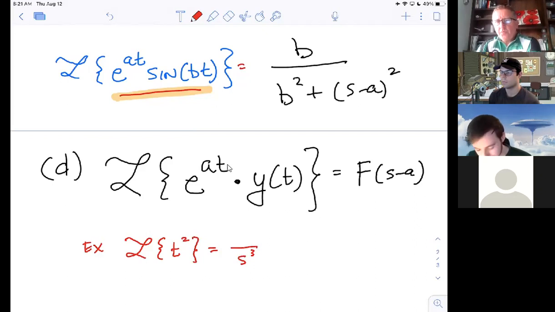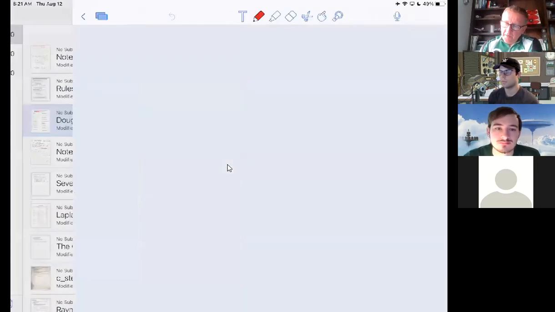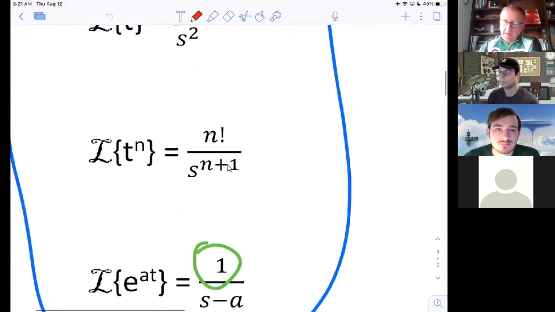And then I think what was on top of this was 2 factorial. So 2 factorial is 2 times 1. So that's the Laplace transform of t squared. Let's go double check that. I know I'm right, but just slow down and let you think about it a little bit. Yeah, so n is 2, factorial, 2 plus 1. Yeah, 2 factorial over s cubed. Yeah, that's right.